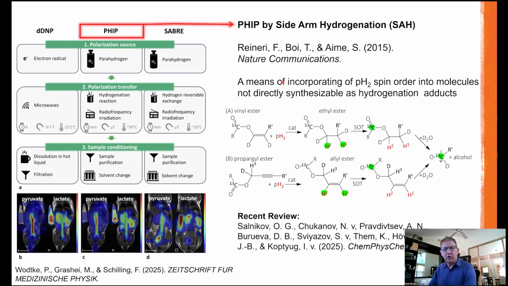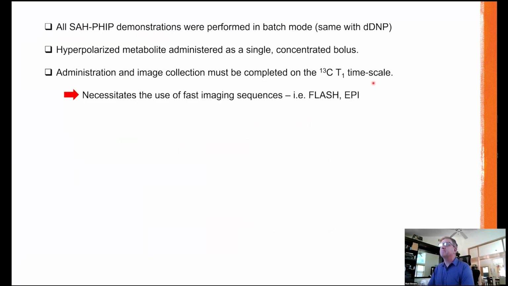The sidearm hydrogenation method provides a means of incorporating parahydrogen into molecules that are not directly synthesizable as hydrogenation adducts. The method has been adapted to vinyl and propargyl esters shown in these steps of the process, and it's in principle extendable to any kind of carboxylate species.